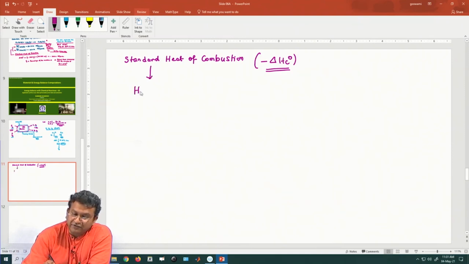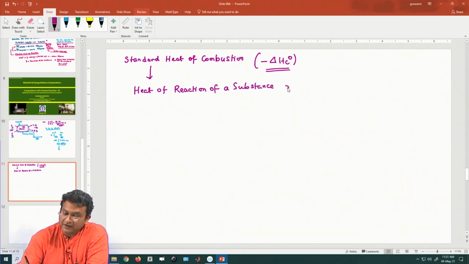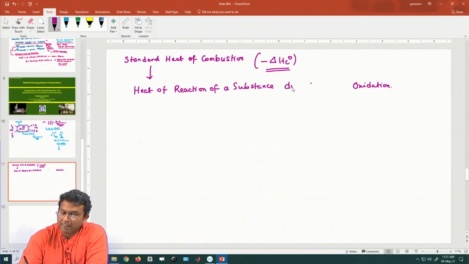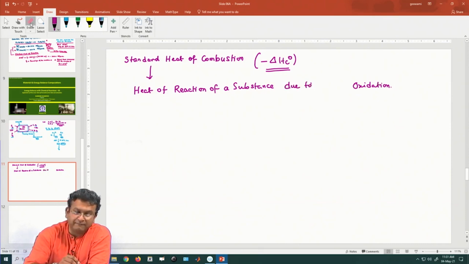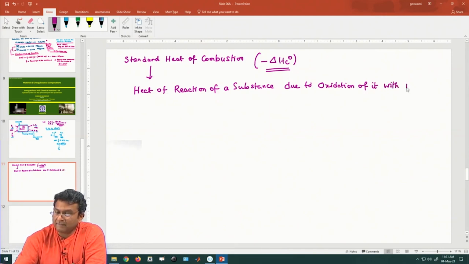So, this is heat of reaction of a substance due to oxidation of it with molecular oxygen.